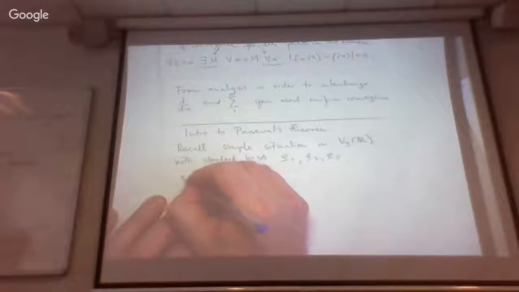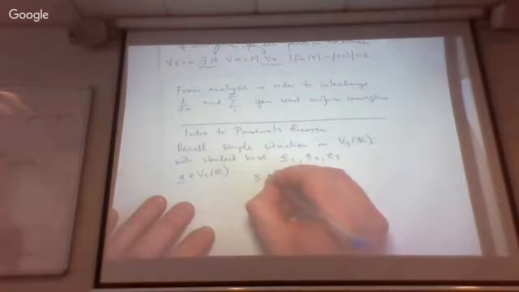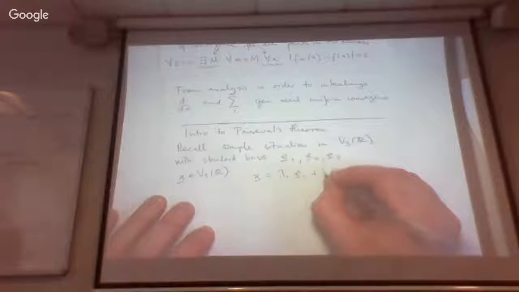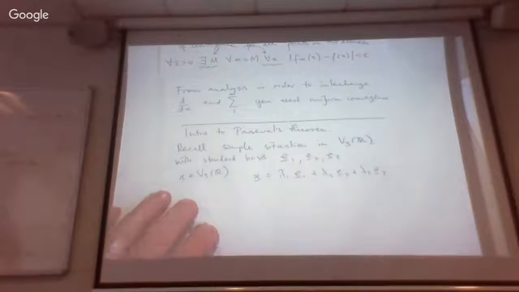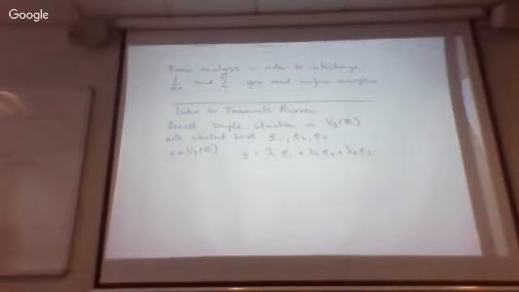Any vector x from V3R can be written as a linear combination lambda 1 E1 plus lambda 2 E2 plus lambda 3 E3. Any vector can be written as a linear combination of the three basis vectors.